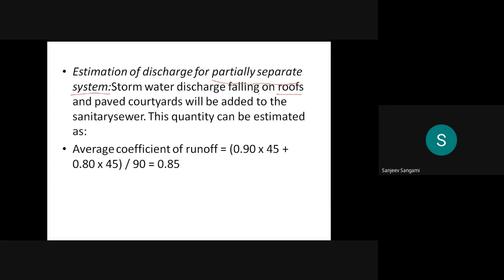But when you are designing a partially separate system, normally roofs and pavements are added to the separate system. Why? Because if you take any city area, the maximum runoff water drains, or the roof water pipes, are directly connected to the storm water drains, as well as the road surfaces.